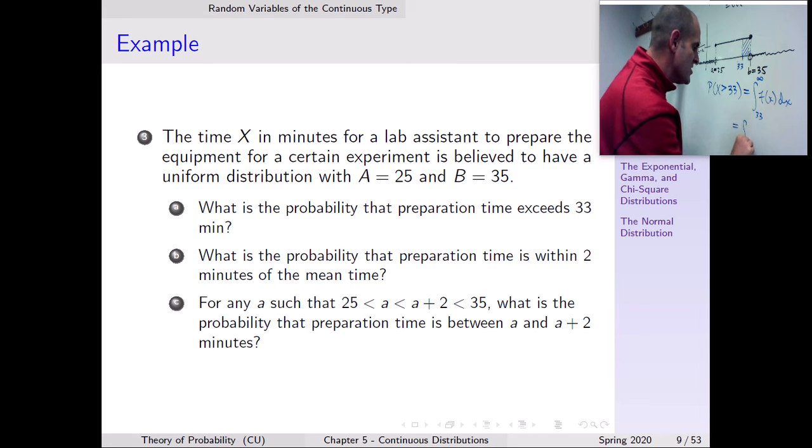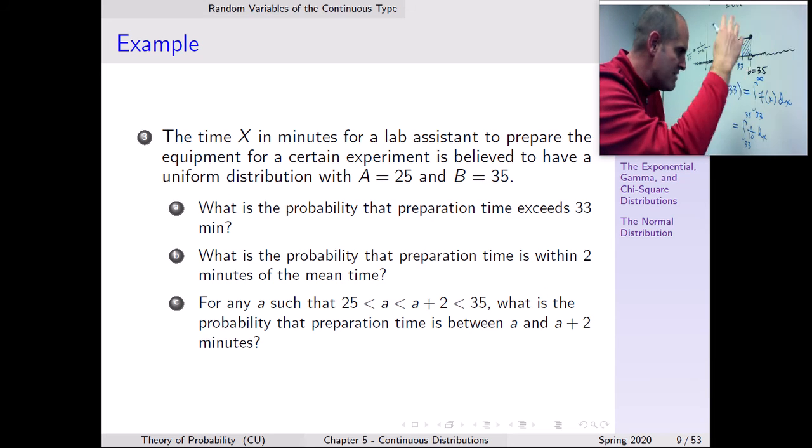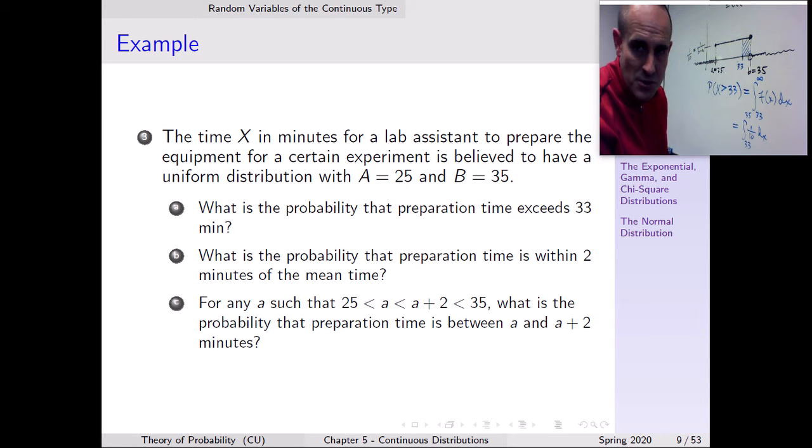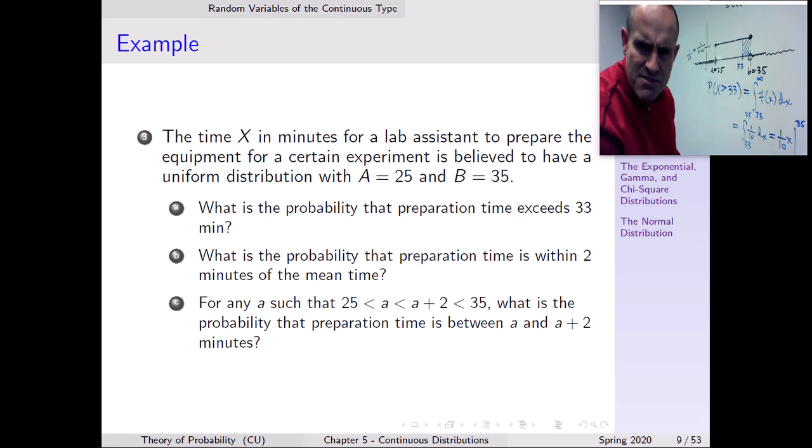So this is just going to be equal to the integral from 33 to 35 of 1/10 dx, because everything above 35 is 0. So it just kills the integral. All right, so what is the antiderivative of 1/10 dx? Well, it's 1/10 x. So this is 1/10 x evaluated between 33 and 35.